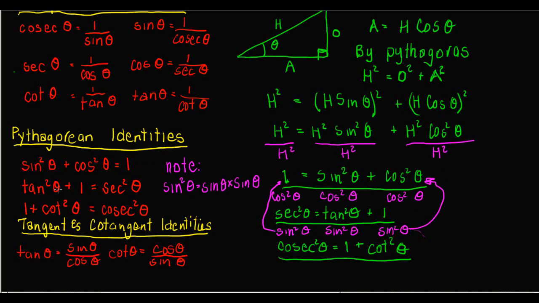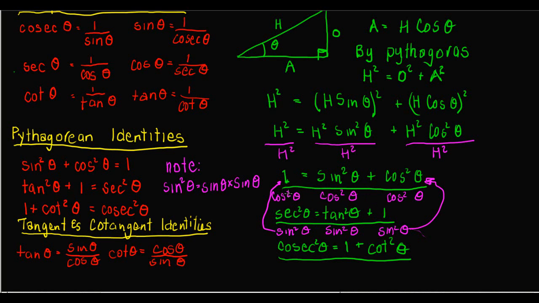Now, let's have a look at the next identity here. And what we do here is just divide through everything by cosine squared theta. Now, this is just to do this next one down here.